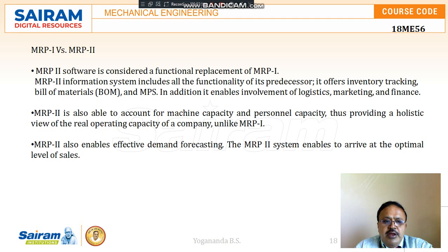MRP2 brings the operating capacity of the company in front of us. This also enables very effective demand forecasting, so from MRP2 we can find out the expected demand for the finished product. This system enables us to arrive at the optimum level of sales.